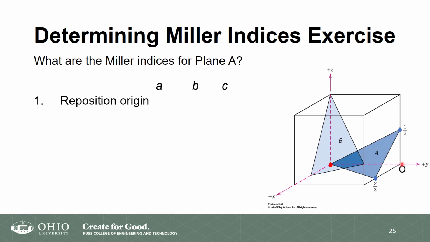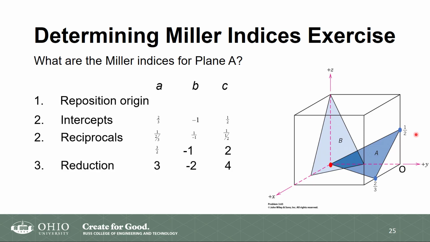And then we're crossing the z-axis at the positive 1/2 position. So our intercepts are 2/3, -1, and positive 1/2. And that gives us the values. And then the next thing we do is, again, we're going backwards, so we're going to take the reciprocal of those numbers. And once we take the reciprocals, we end up with these values: 3/2, -1, and 2.